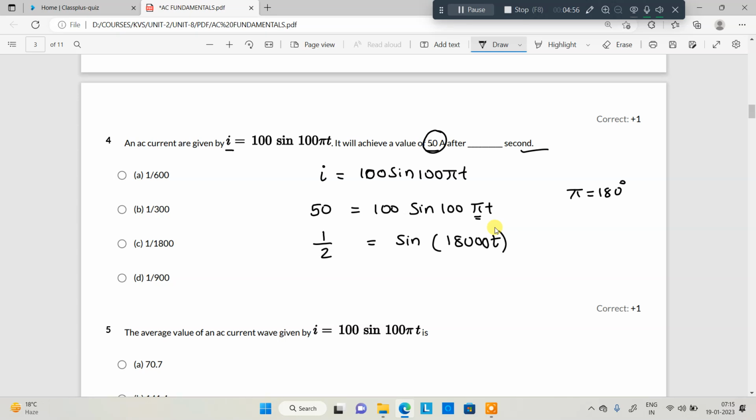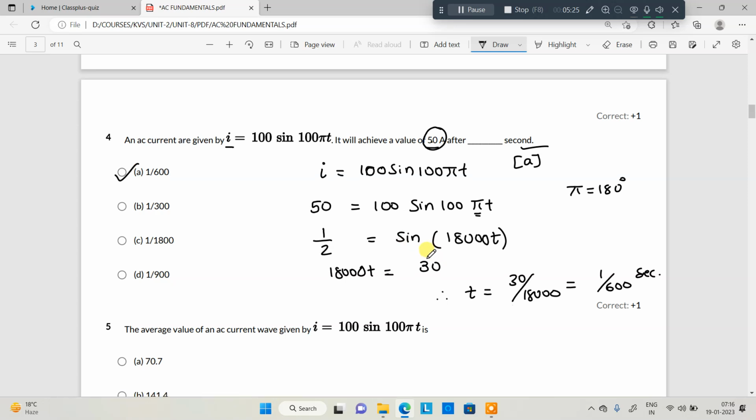So taking sine inverse on the other side, 18,000 t is equal to sine inverse of 1 by 2. What is the sine inverse of 1 by 2? That is 30 degrees. So from that, time t is equal to 30 by 18,000, which is equivalent to 1 by 600 seconds. So what is the option? 1 by 600 seconds. Option is A.